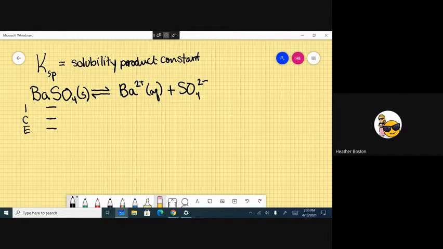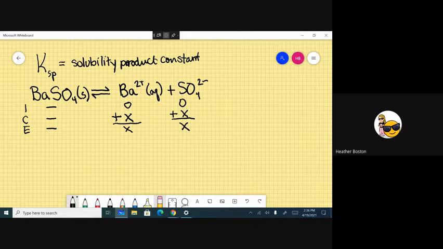So every single time, it's still going to be products over the reactants, but the reactants are always solids. So in any ICE chart, the initial is 0 for the products. We'll get one piece of barium and one piece of sulfate when they dissolve, like such.